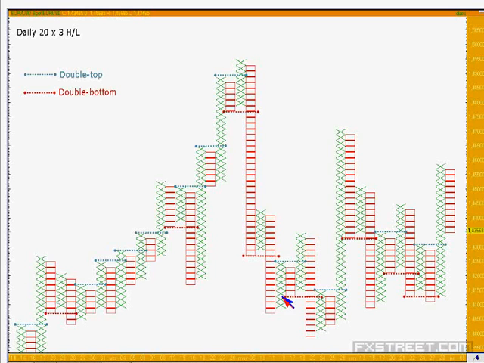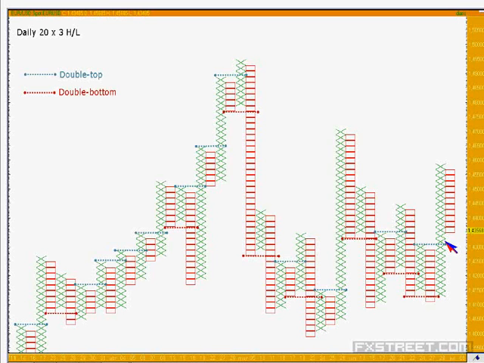When we have a more sideways price action, you see there are some conflicting signals, where we see double tops and double bottoms changing the signal direction from the chart, and we are still now under the influence of the last double top buy here, more or less on the 43.20 or so, on this green ascending column.